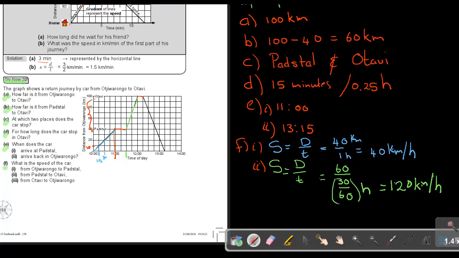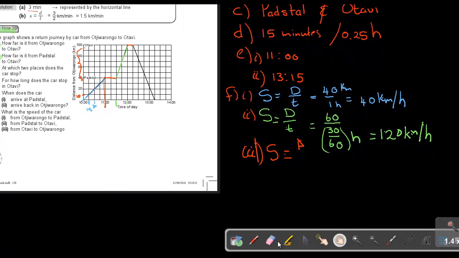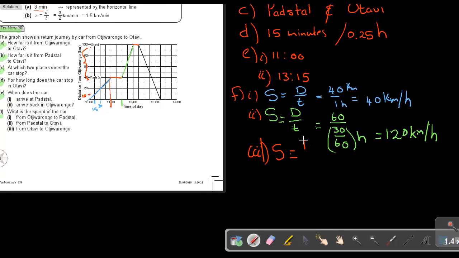And then the last one. From Utawi to Otjiwarongo. Again, remember, speed is distance divided by time. So let's just see, what is my distance? Now my distance is 100. Do you all agree? And then what is my time?